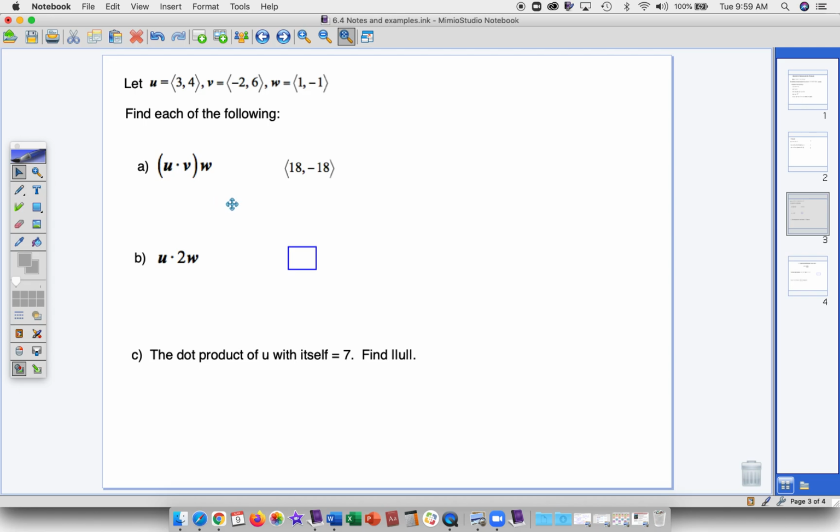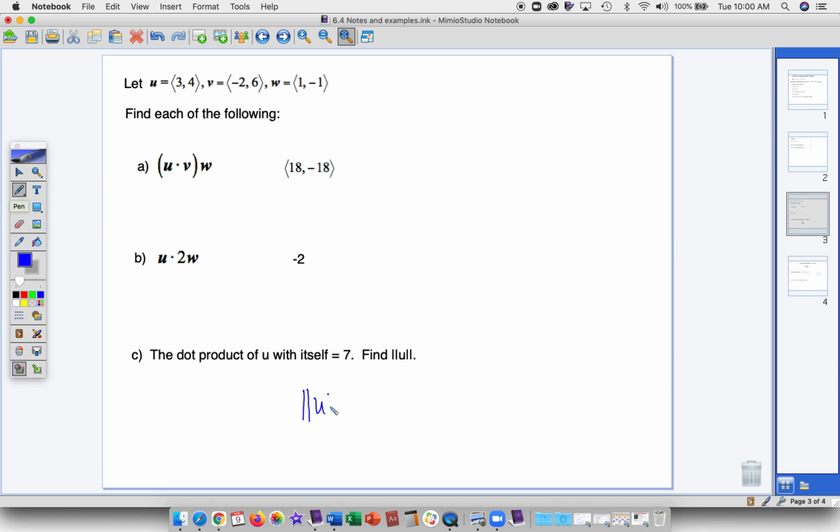So what do you think it would be for 4 vectors or 5 vectors? Okay, think about that. For letter B, hopefully you ended up with -2. And then for part C, if we have the dot product of u with itself equal to 7, what is the magnitude of u?